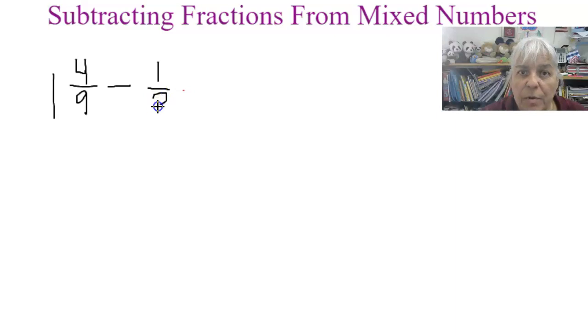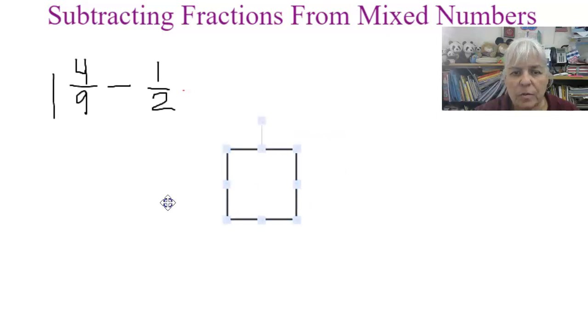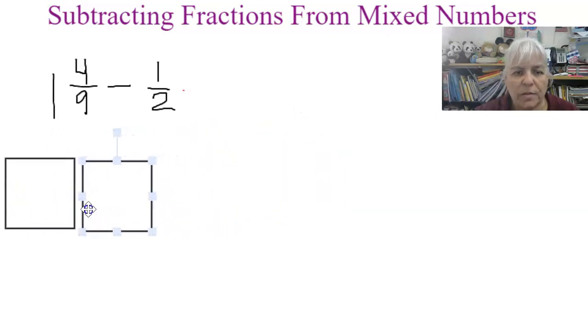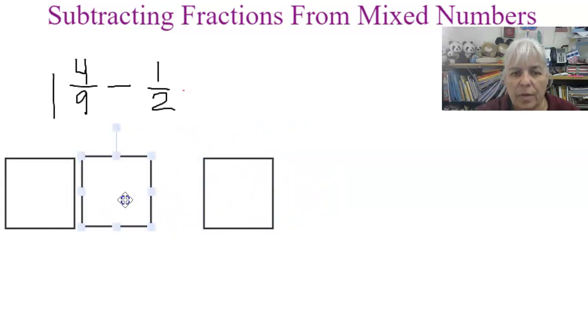Okay, just like you've done before, go ahead and pause this video for a few seconds and draw your examples, draw your models. Okay, so I'm going to put out my squares for my 1, for my 4/9, for my 1/2. Okay, I'm going to make the lines for the 9ths and the line for the 1/2.